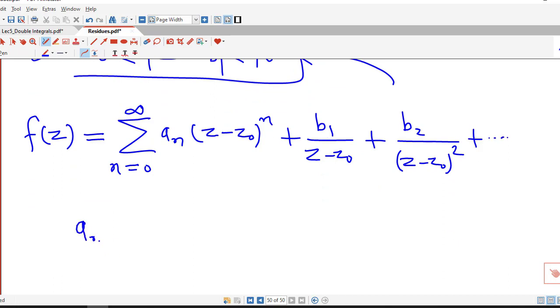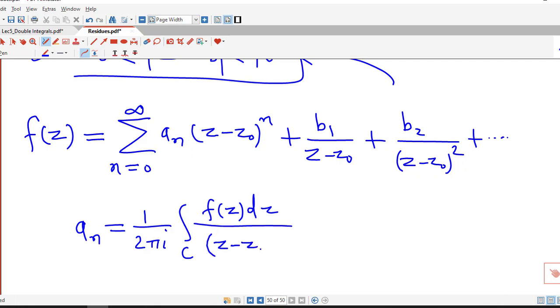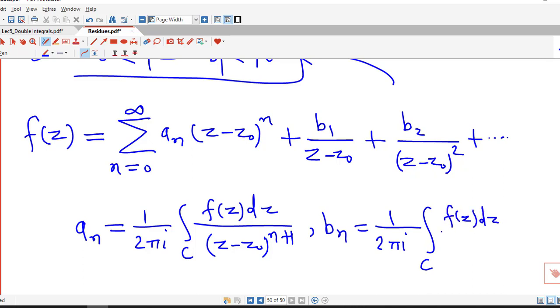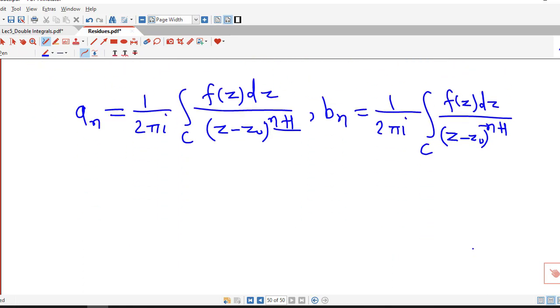Now by Laurent theorem we know that these coefficients are given by integral formulas: 1 over 2 pi i times the integral of f of z over z minus z0 raised to n plus 1, and bn is also given by 1 over 2 pi i. Here the only change is the power of z minus z0 is minus n plus 1, otherwise the remaining things are the same.